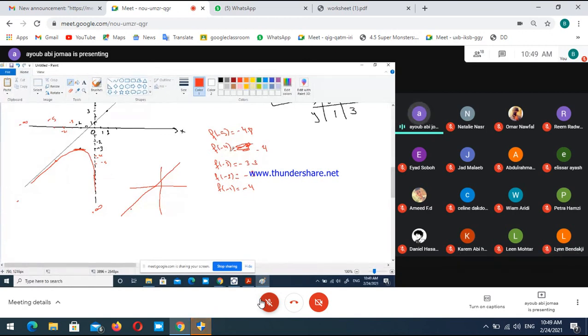The second one, negative 4, negative 4. Then negative 3, negative 3.3, let's say here. And negative 2, negative 3, I put it here. And then negative 1, negative 4. Now you have these points. Join them.